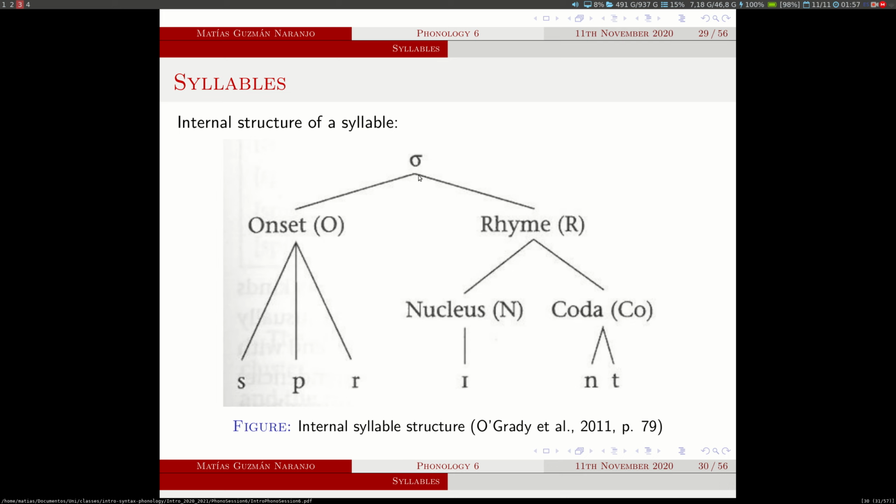Now, why not a flat 3, but this division into onset and rhyme? The idea, I think, comes from English, and it's due to the fact that there seem to be different sets of constraints which apply to onsets than apply to nucleus. So distributionally, what can happen in the onset and in the rhyme is different, and nucleus and codas behave more similarly to each other.